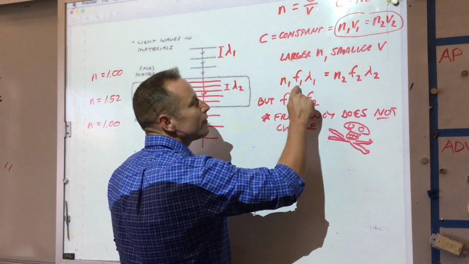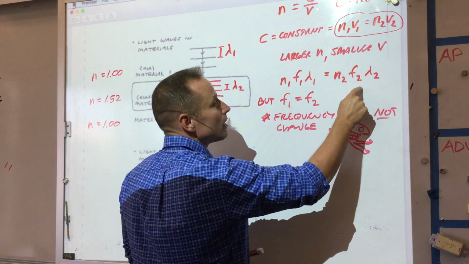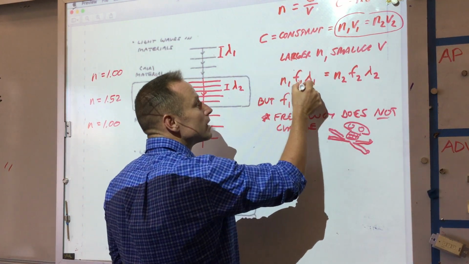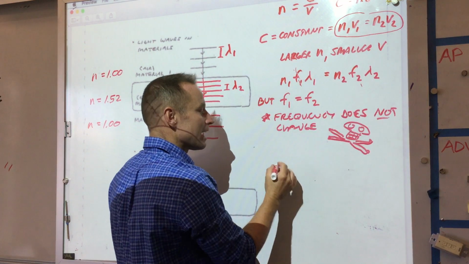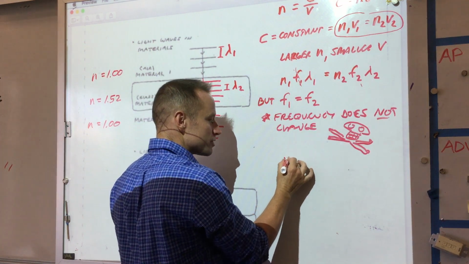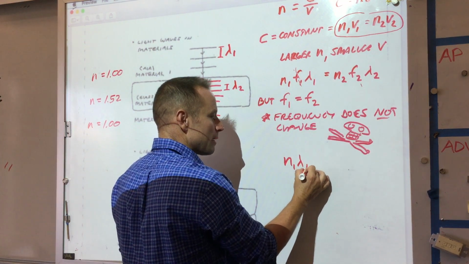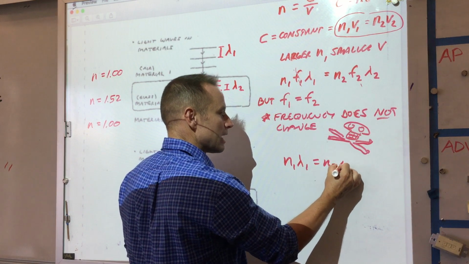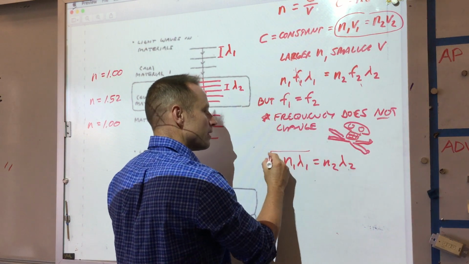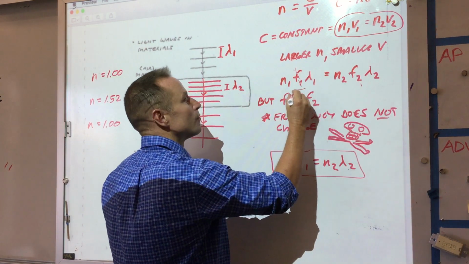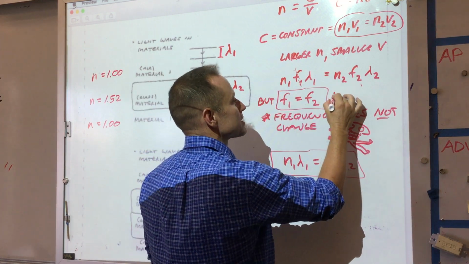If you notice, if f1 and f2 are equal, these two things would cancel out on the two sides, and so then you get this super useful thing: n1 lambda 1 equals n2 lambda 2. That's worthy of a little box and some stars.